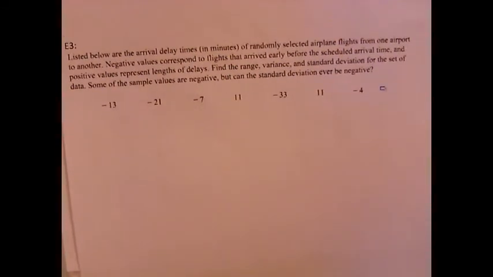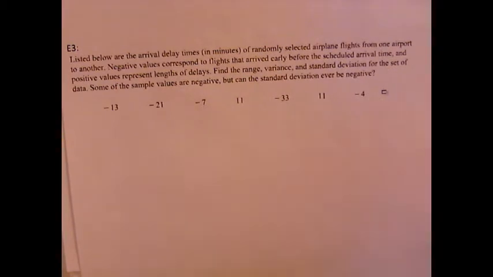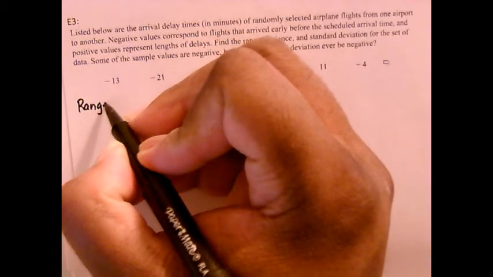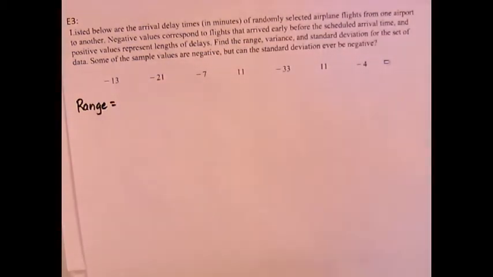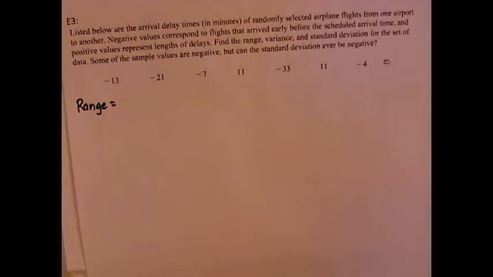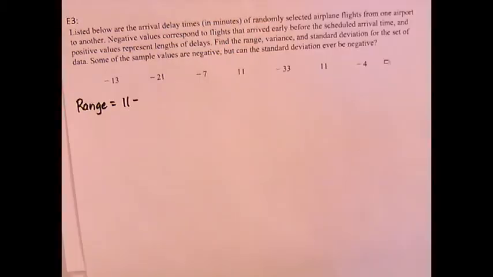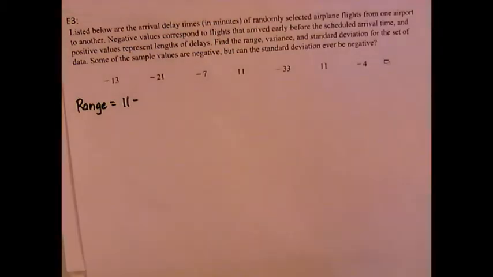And these are the data values that we have: negative 13, negative 21, negative 7, 11, negative 33, 11, and negative 4. Alright, so in this case here we want to find out what the range is. The highest data value in this set is 11. And the smallest is negative 33.